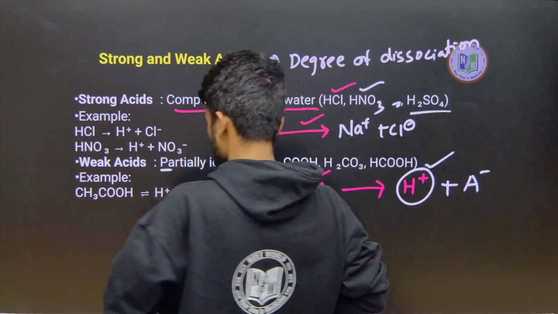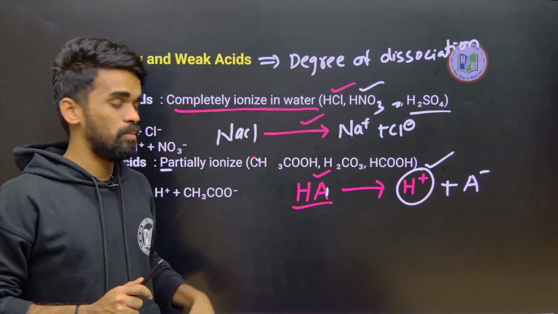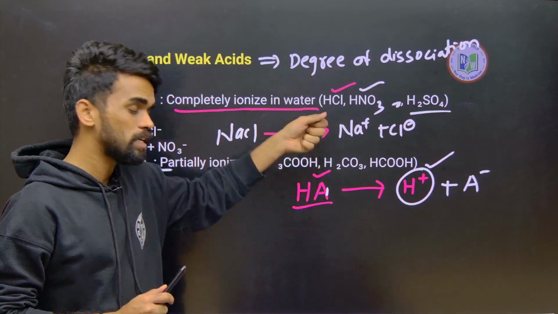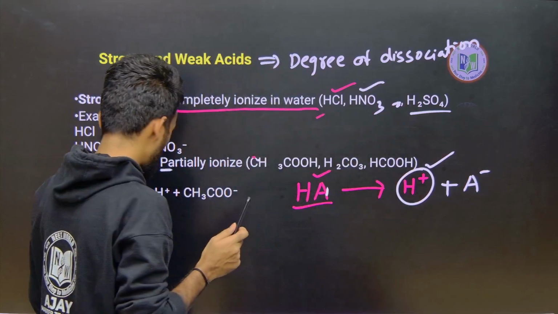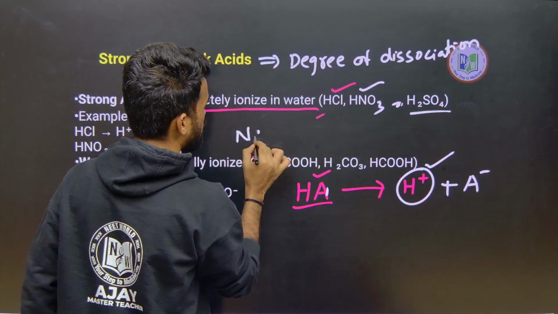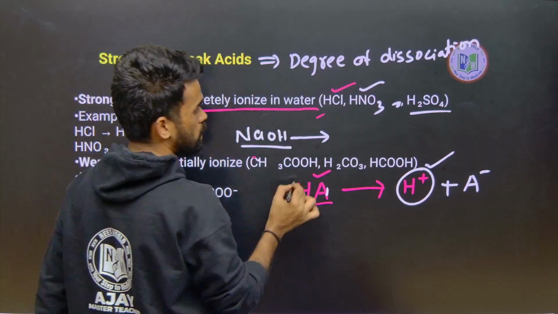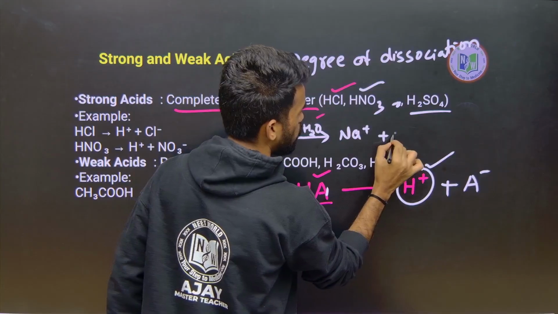The same story is applicable for strong bases also. This is about strong acids, which are strong electrolytes, and the next one is the strong base. One example is NaOH. When we place this base in the aqueous medium, it dissociates into Na plus and OH minus.